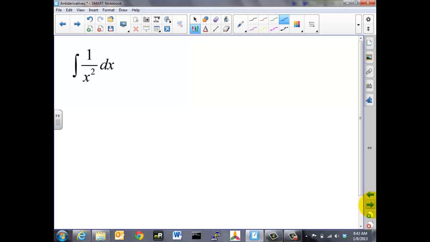Integrate 1 over x squared dx. So think about it, walk through it. I'll give you a minute and then we'll come back and look at what's happening there.